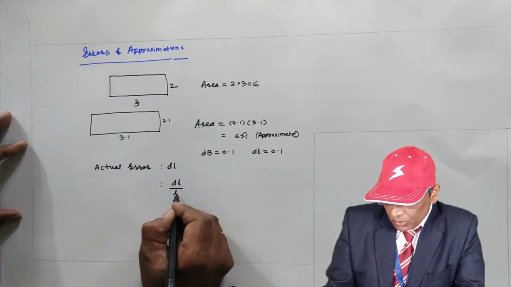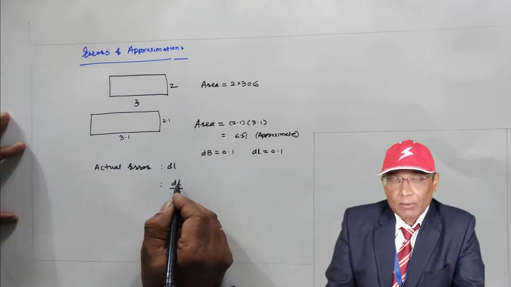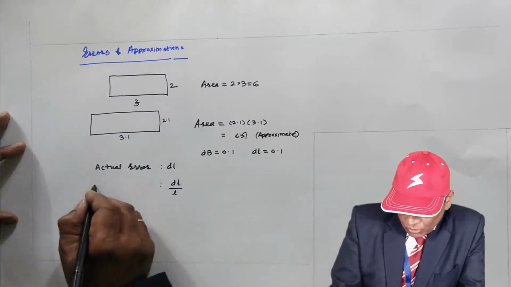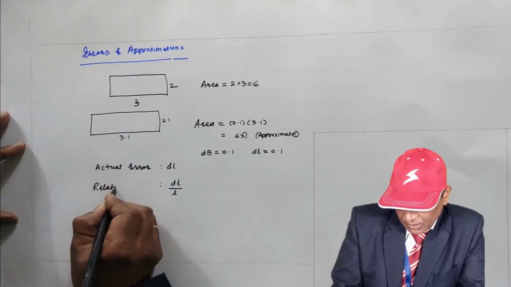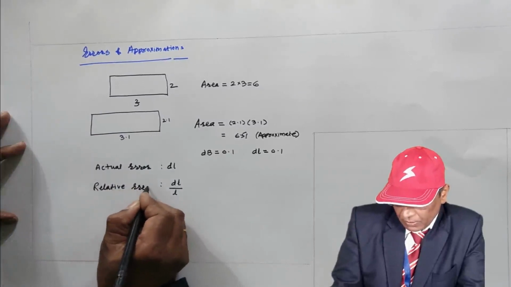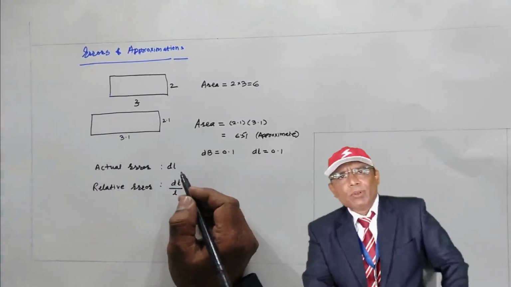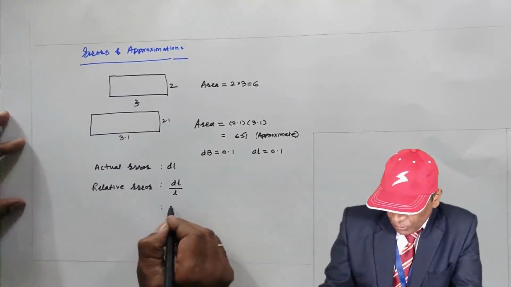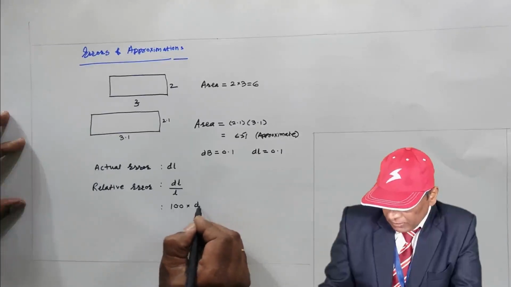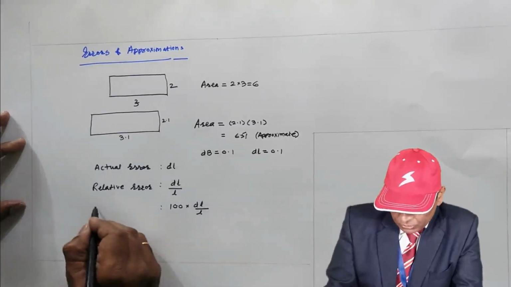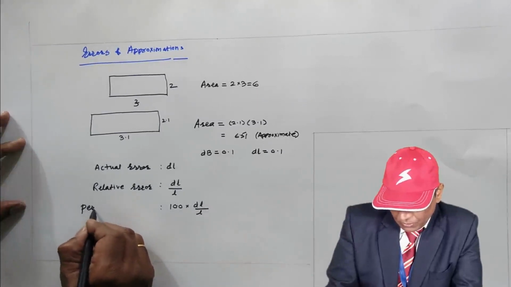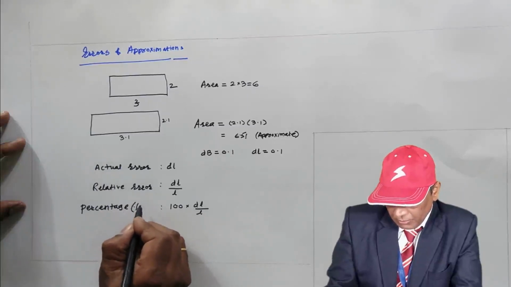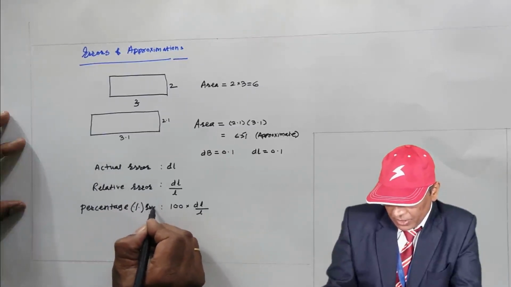With respect to the actual length, this error I have made is what is called the relative error, dl by l, and I am using it for length. If you multiply the relative error by 100, that is what is called the percentage error. Here, I will be using this abbreviation for percentage error.